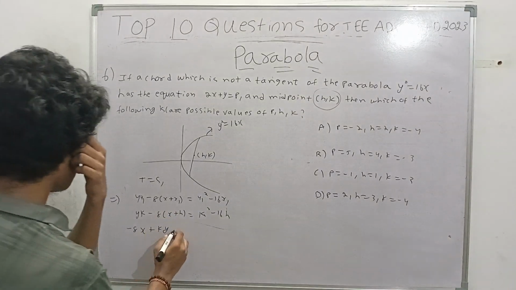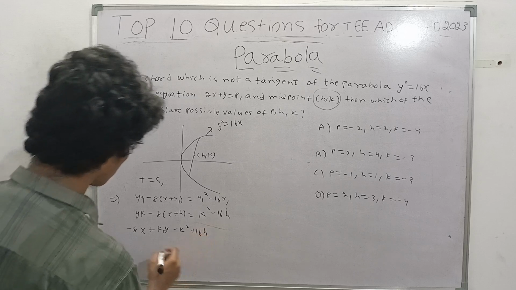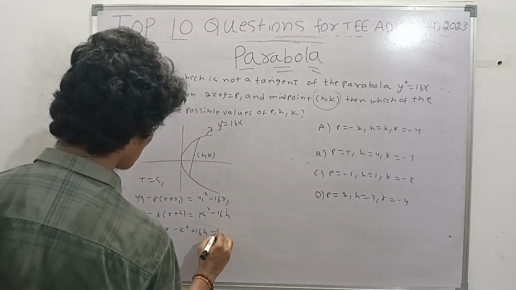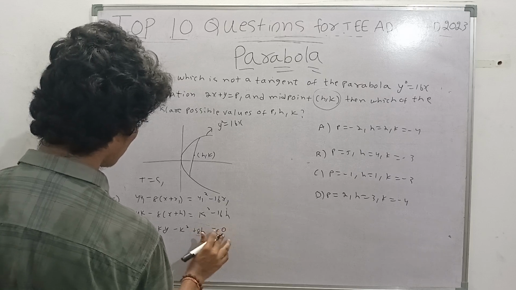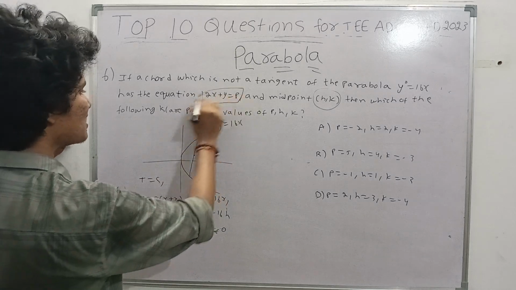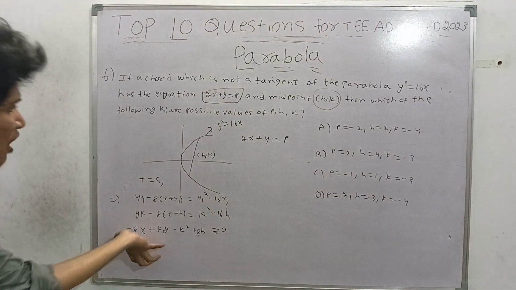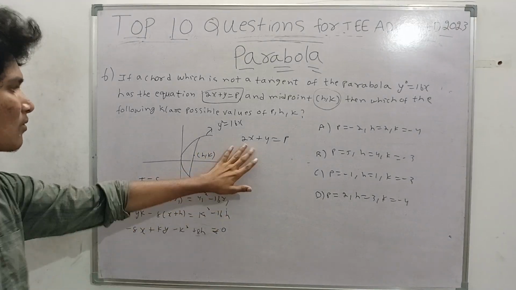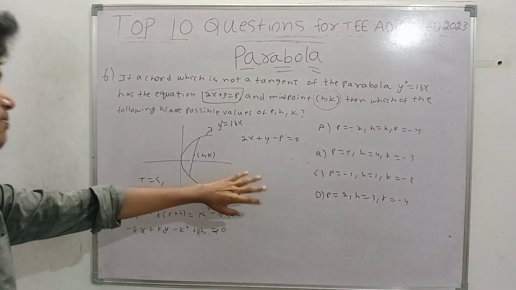I am separating the terms, and here I will get minus k square plus 16h. Here it is minus 8h, so it will completely be 8h equal to 0. Now this is the equation, and what they already gave is the equation 2x plus y equal to p. So now we just have to compare these two. I can bring p to the left side, so it is minus p equal to 0.